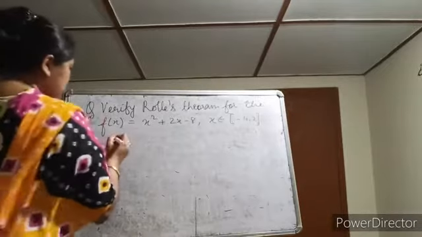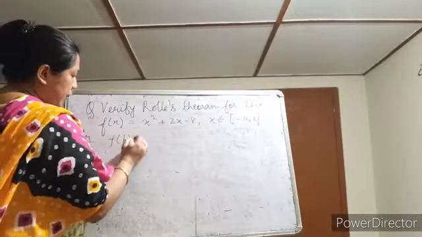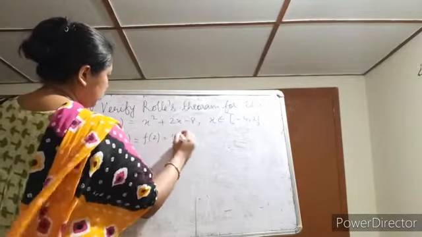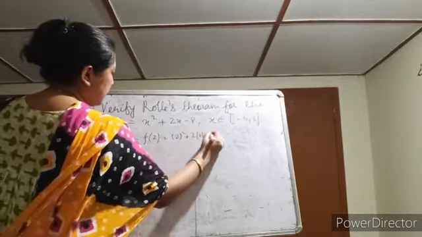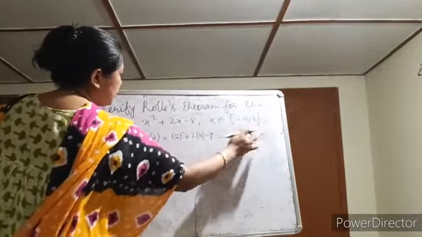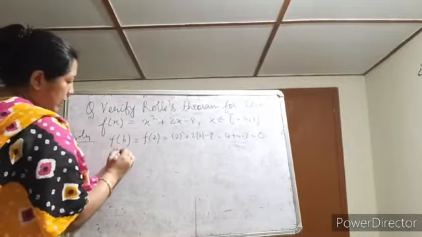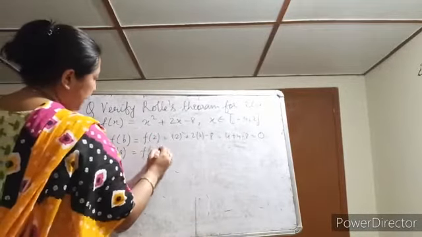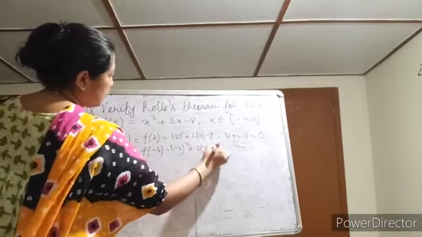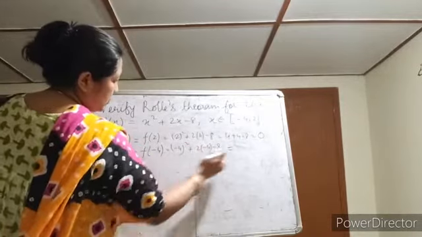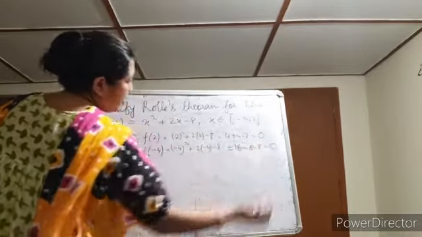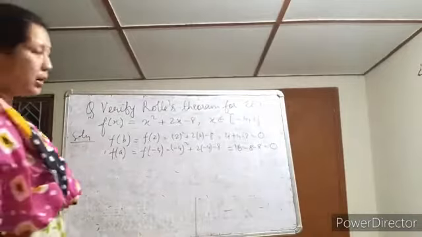First of all let us find f of b. f of b will be f of 2, that is equal to 2 square plus 2 times 2 minus 8, that is 4 plus 4 minus 8, which comes equal to 0. And f of a is f of minus 4, that is minus 4 whole square plus 2 times minus 4 minus 8, so this will be 16 minus 8 minus 8. Again we see it is also 0.